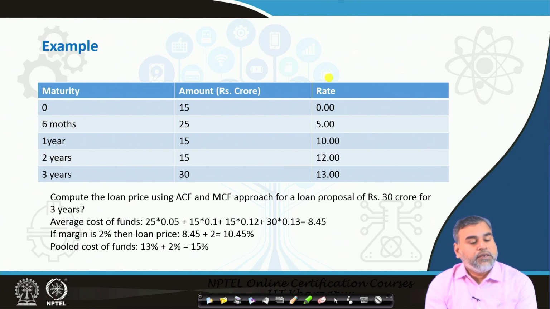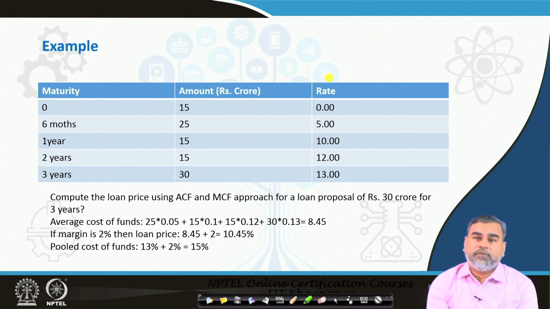And you have a 6 months maturity liability at 5% interest, amount 25 crore; 1 year maturity, 15 crore at 10% interest; 2 years maturity, 15 crore at 12% interest; and 3 years maturity liability of 30 crores at 13% interest. These are the different liabilities the commercial bank already has.